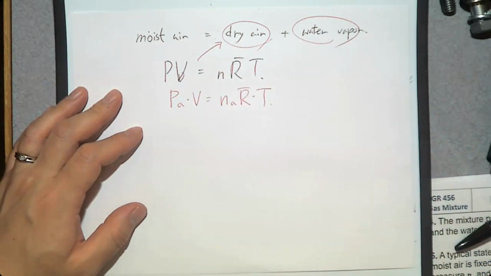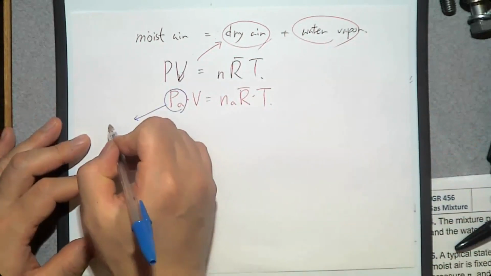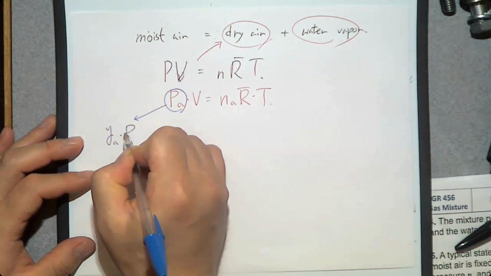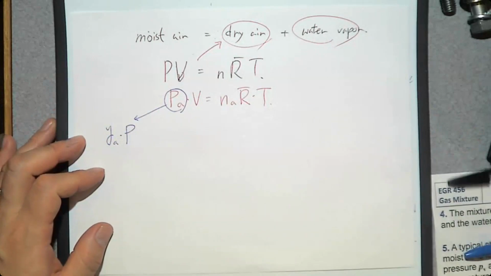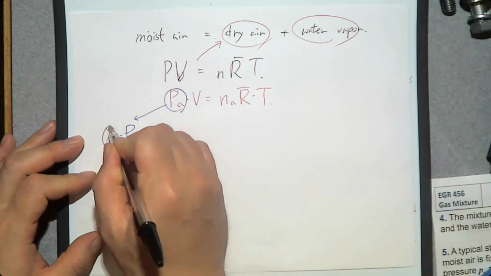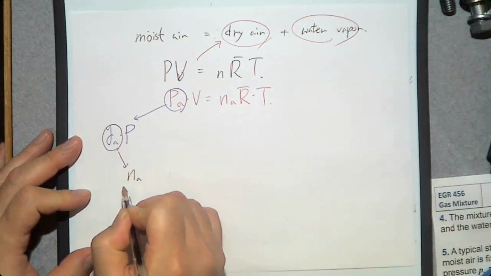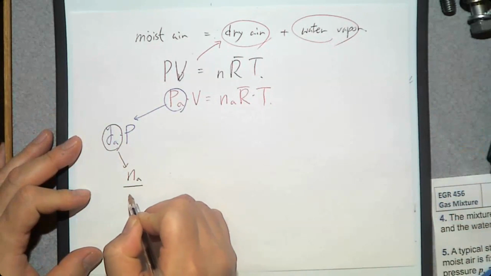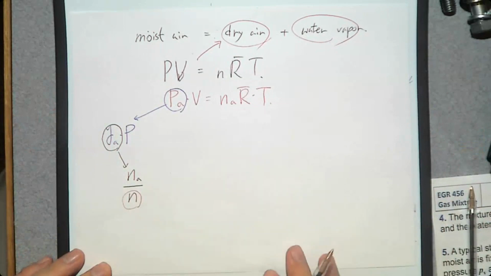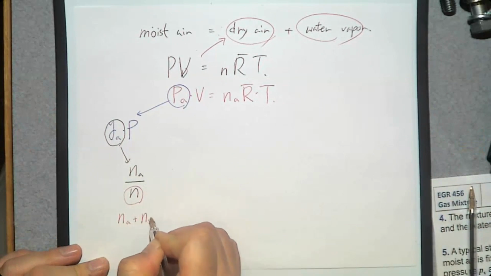RT. So this one is a partial pressure, which you can determine by the mole fraction of dry air times the mixture pressure. And this mole fraction can be determined by the number of moles of dry air divided by the total number of moles of the mixture. So this N is Na plus Nv.